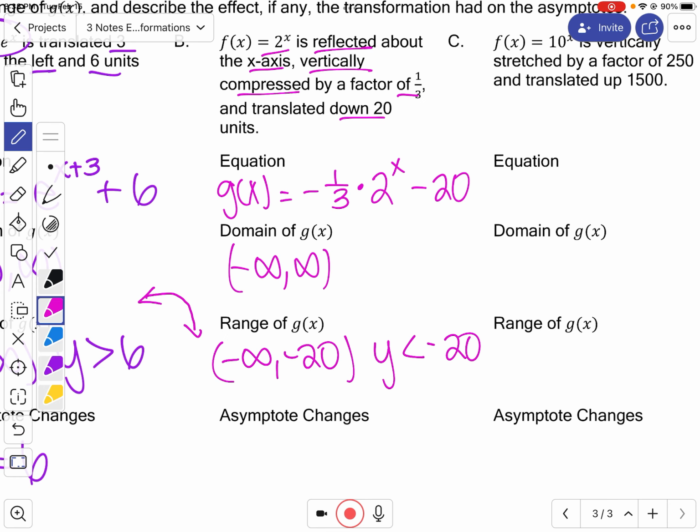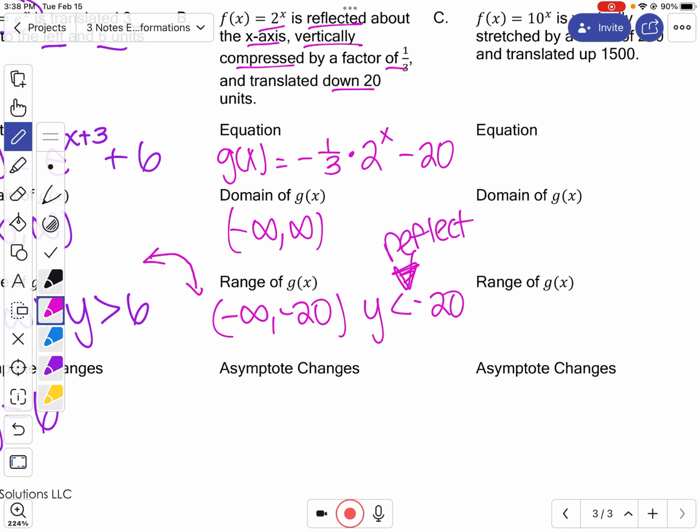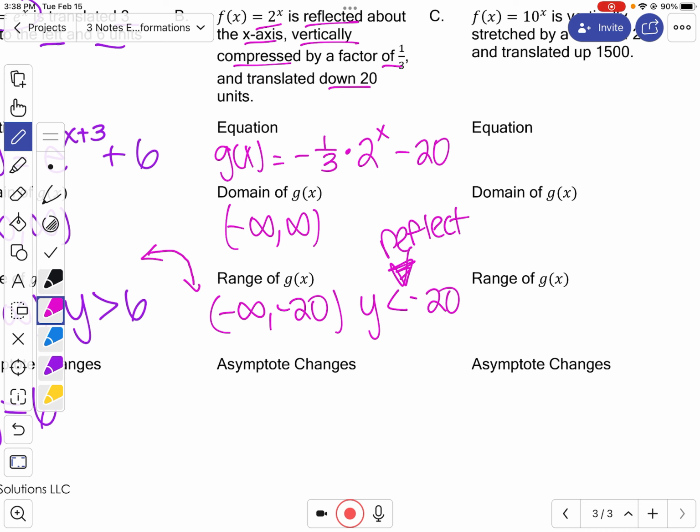And it might be that this is the easiest here. It's always going to be less than if there's a reflection, or greater than if there's not a reflection of wherever it's shifting. Your asymptote went down 20, so it would be at y equals negative 20.